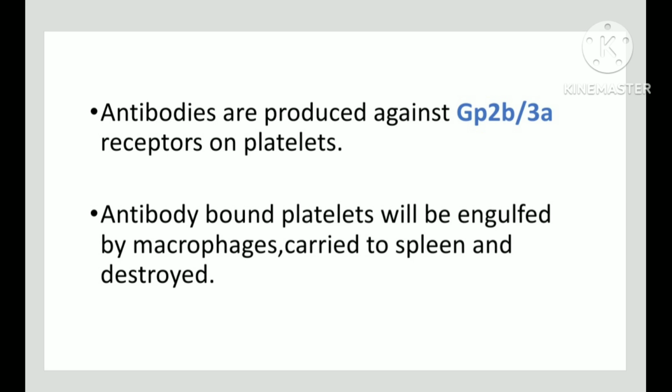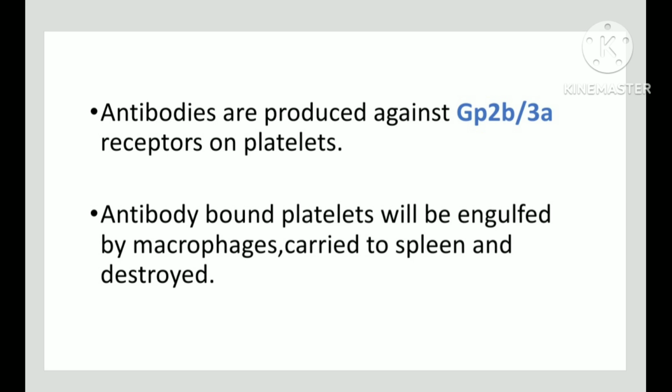But in ITP, it is the GP2B3A receptors on the platelets which are being attacked by the antibodies. These platelets attacked by the antibodies will be engulfed by macrophages, which carry them to the spleen for destruction, as a result of which more and more antibody-attacked platelets will be destroyed by the spleen. As a result, there will be low platelets.